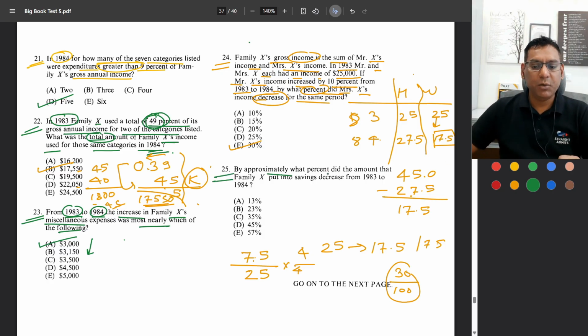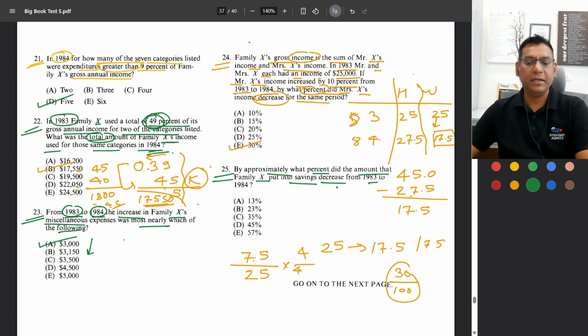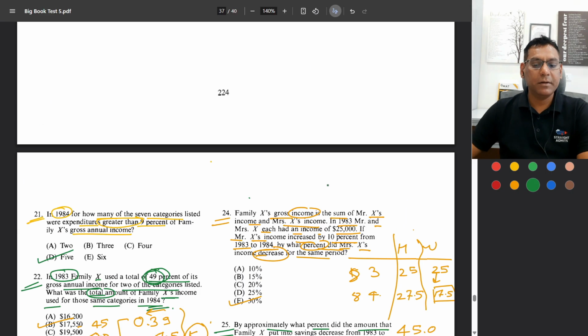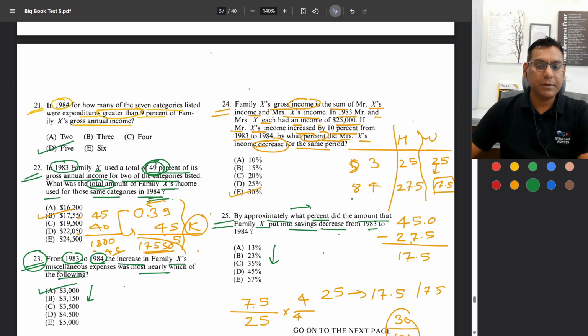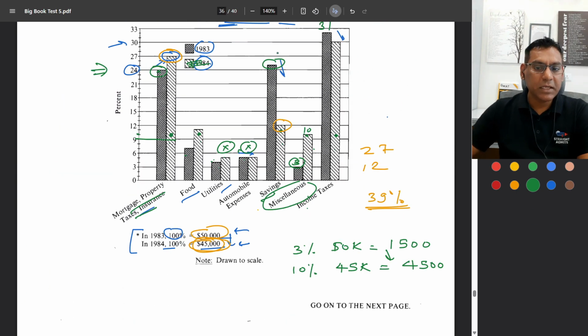Question 25. By approximately what percent did the amount that X put into savings decrease from 83 to 84? Okay. So savings decrease by what? This is something very similar to this, just that they are asking for percentages. Okay. So this is absolute, but let's first get everything in absolutes. Earlier the saving was 25%, later the saving was 12%.